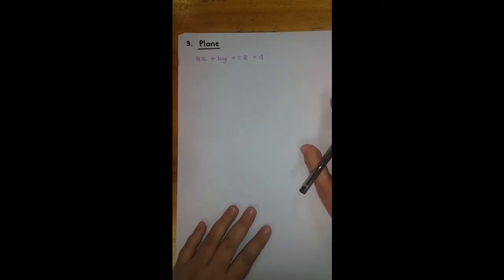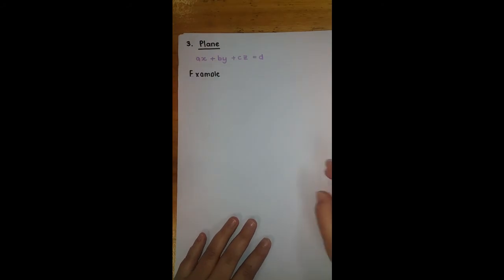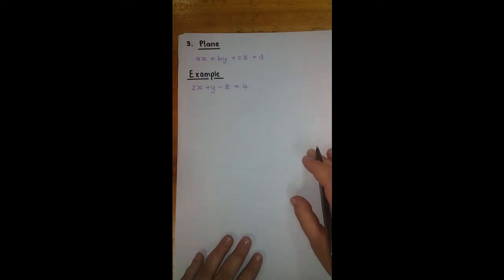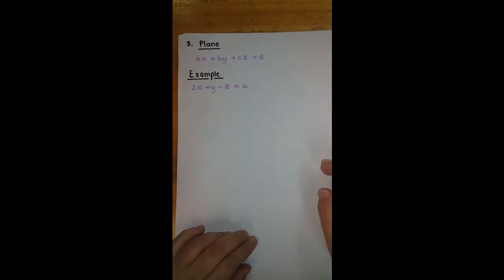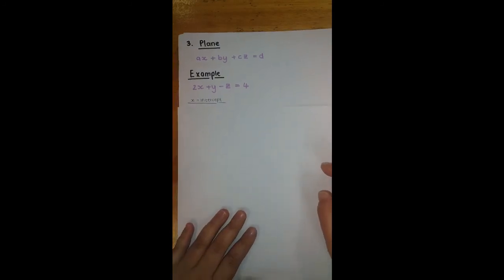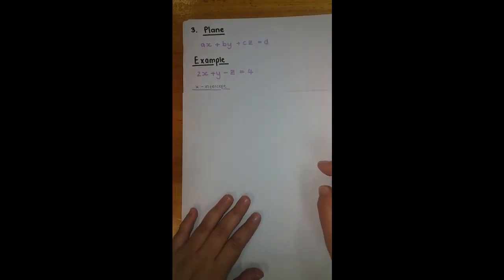The next is a plane, and this is the formula for a plane: ax plus by plus cz is equal to d. An example of this plane would be 2x plus y minus z is equal to 4. You do the same as for your sphere and your ellipsoid.